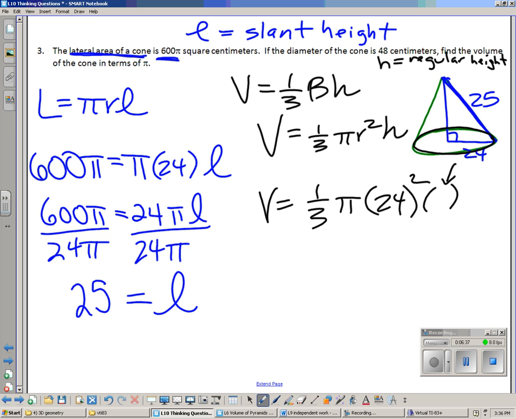So we're going to take a little side trip and find out what the h is using the Pythagorean theorem. So to find out what h is, we need to understand that here's h, and the Pythagorean theorem applies here because we have a right triangle inside the cone. So I want to write h squared plus 24 squared equals 25 squared.